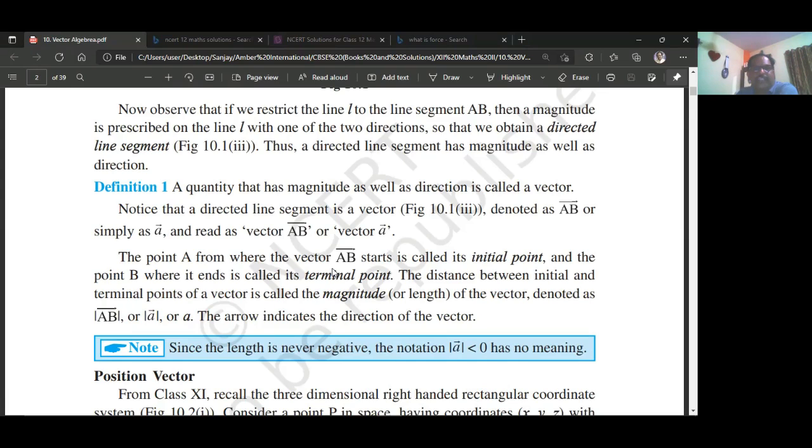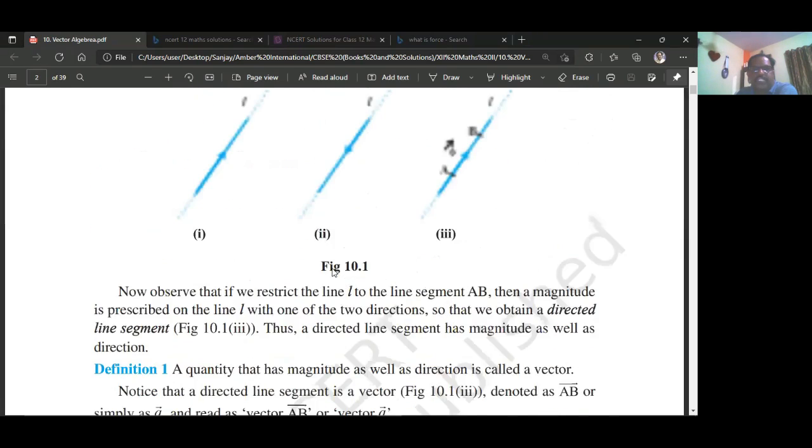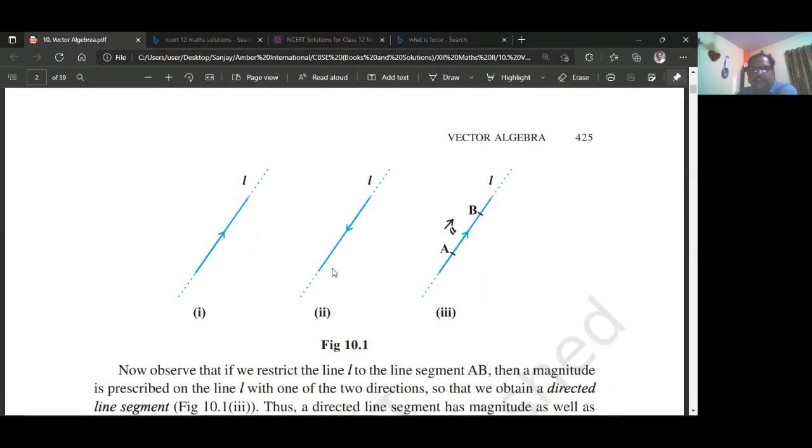While defining the vector quantity, what are the notations to be used here? If you see the diagrams given here, these are three diagrams, 1, 2 and 3. In the first and second, lines are given in two different directions, right?